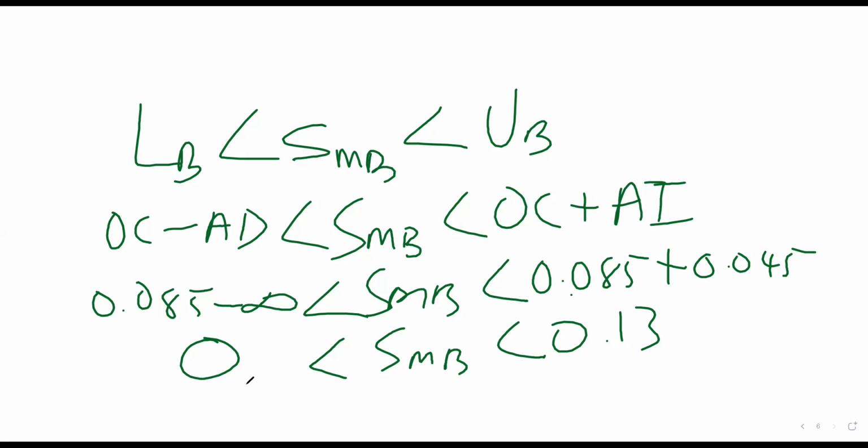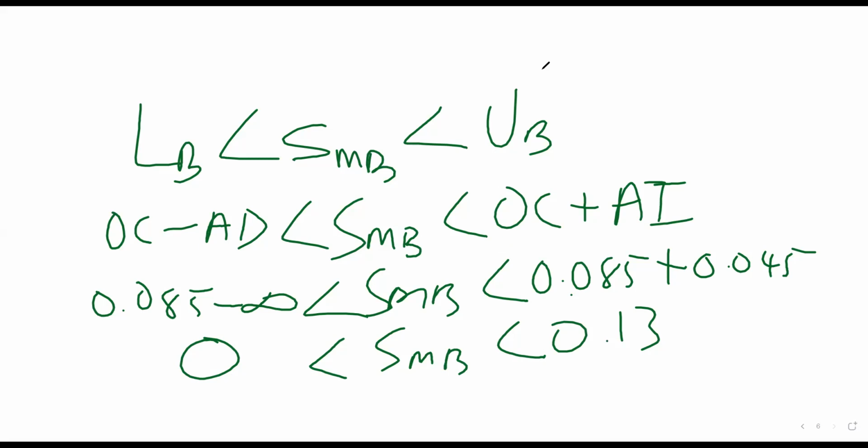That's a limit. Don't increase it above 13%. That is the upper limit. As long as it is dancing between the 0 and the 13%, as long as it's within the sensitivity range, the optimal solution will not change.